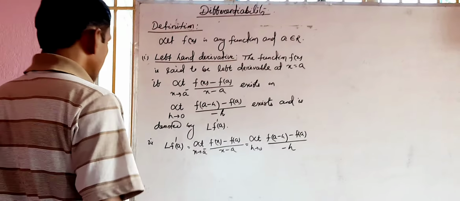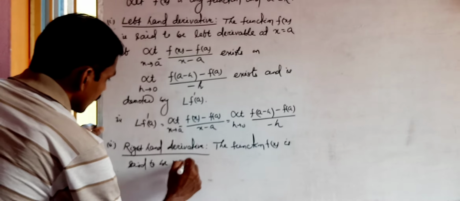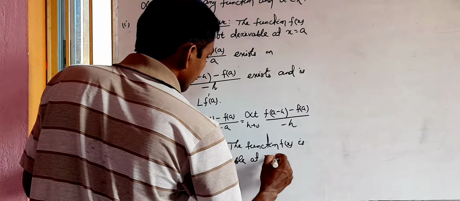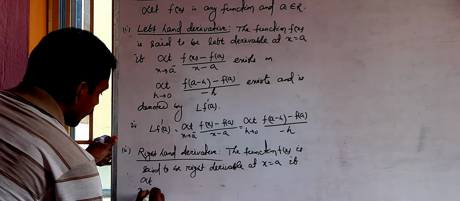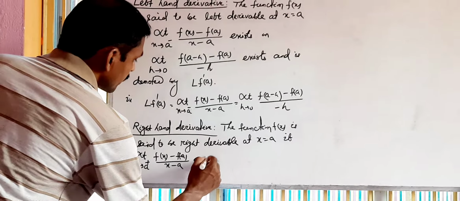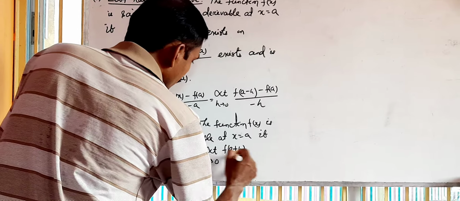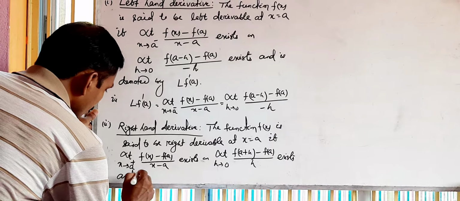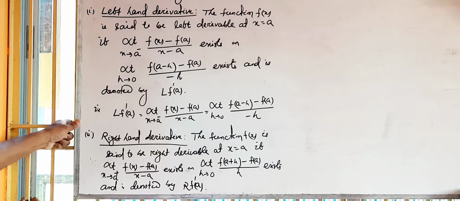Clear? Similarly, f is said to have a right derivative at x equal to a if the limit as x tends to a plus of f of x minus f of a by x minus a exists, or in the substitution method, the limit as h tends to 0 of f of a plus h minus f of a, whole divided by h exists, and it is denoted by R f dash of a.